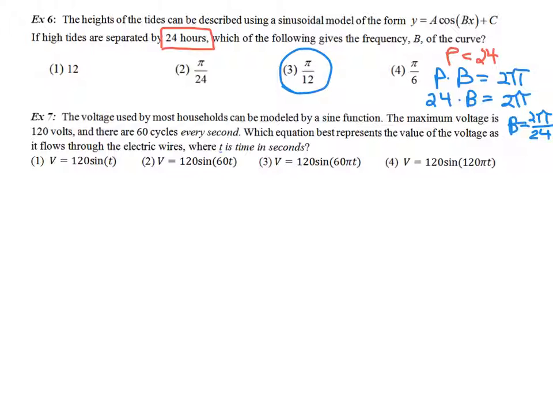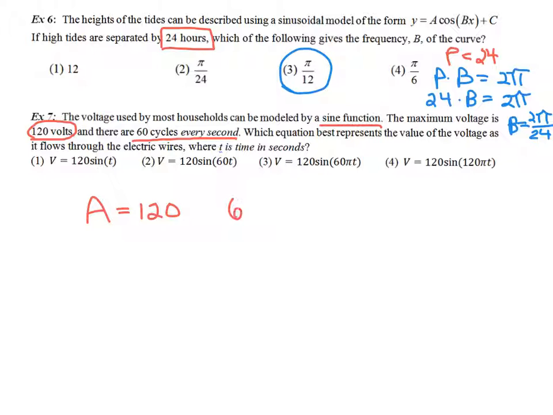In example number 7, it says the voltage used by most households can be modeled by, this time we're using a sine function. So it says the maximum voltage is 120 volts. So that maximum voltage is actually giving us our amplitude on our curve. So we're going to say, okay, I've got to have 120 in front of my sine function. And I see that all the choices do have that. Now, here's the important piece of information. There are 60 cycles every second.